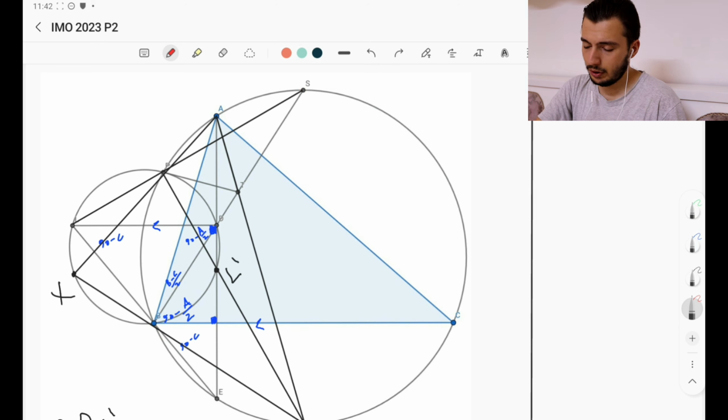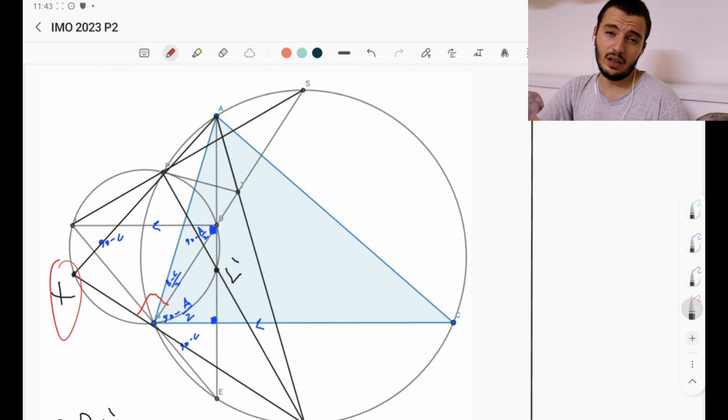So what does that mean? Simply that means we should have XBS 90 degrees. If XBD is 90 degrees, that means, my dear friends, that point X is nothing but the point that makes XD a diameter.